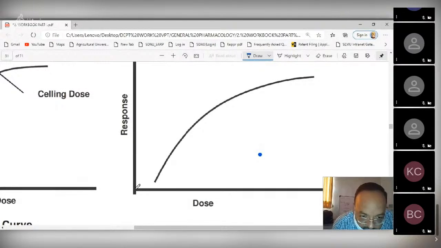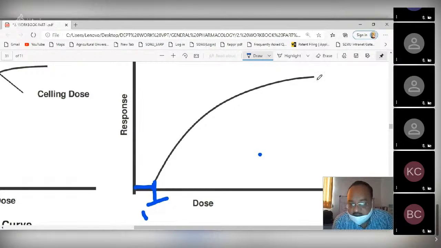We start from 0 milligram, but up to this we are not able to see any response. Our response will only start when we give this amount of the drug. So this is known as the threshold dose. That is the minimum dose which is required to produce the response.